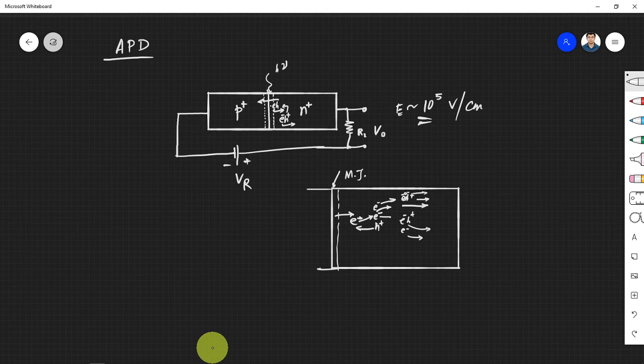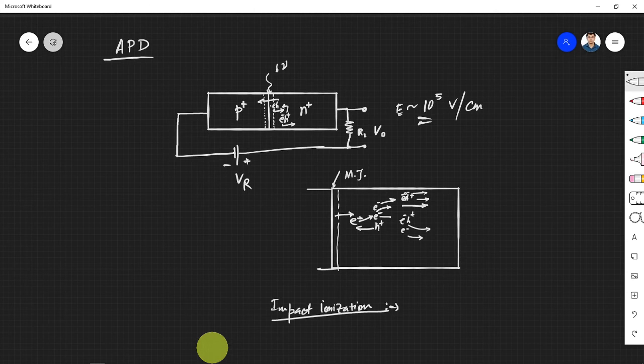Like this the process continues. So this is called the avalanche process, and this kind of ionization is called impact ionization. This phenomenon is called impact ionization.